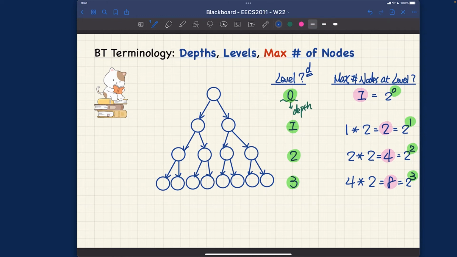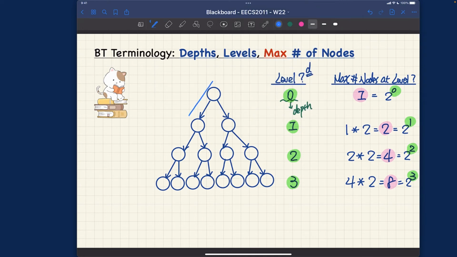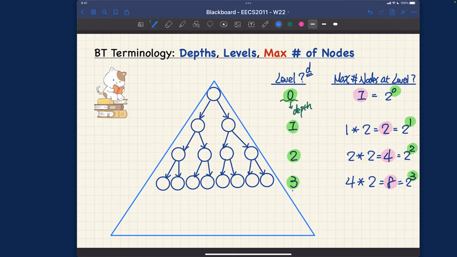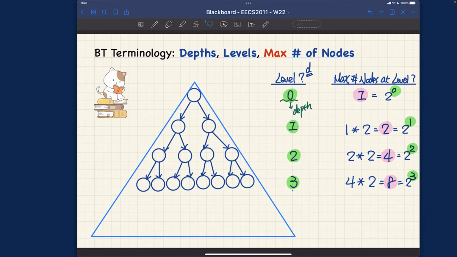Right. Let's now go a little bit further. If I try to make this a more general tree, let me try to do that over here. So let me just think about the tree being much bigger in general. Let's say this, right? And we only talk about level 3 over here, but it's going to go further, right? So let me move this a little bit to the left so I can do a little bit more. Okay, this will be the entire tree, right?